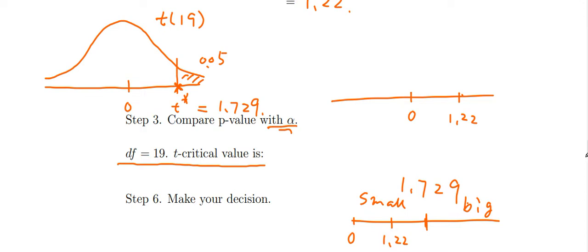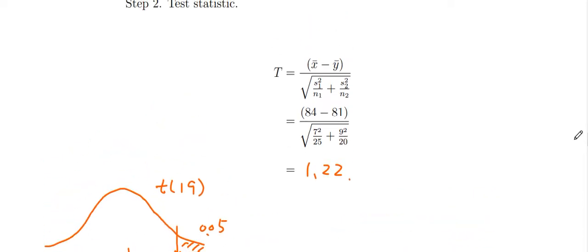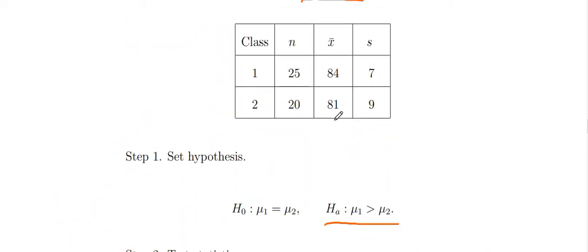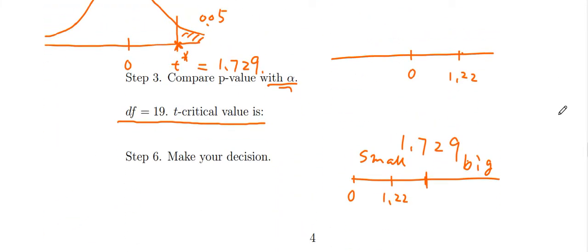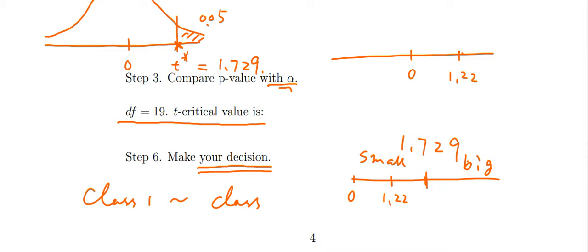Small number means their difference, 84 versus 81, is not so big, right? So what is our decision? The decision is that class 1 and class 2 perform quite the same. So, to go back to the question.